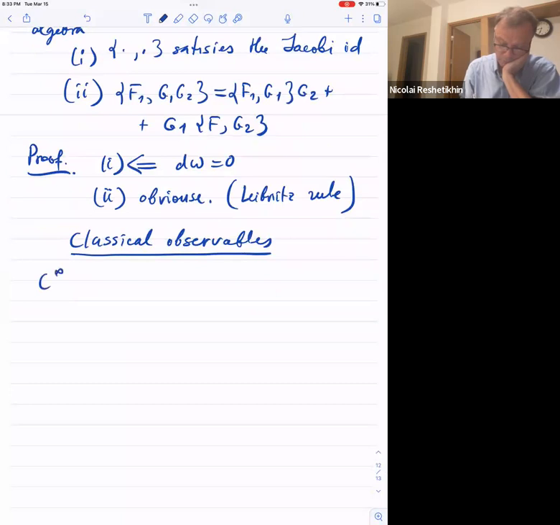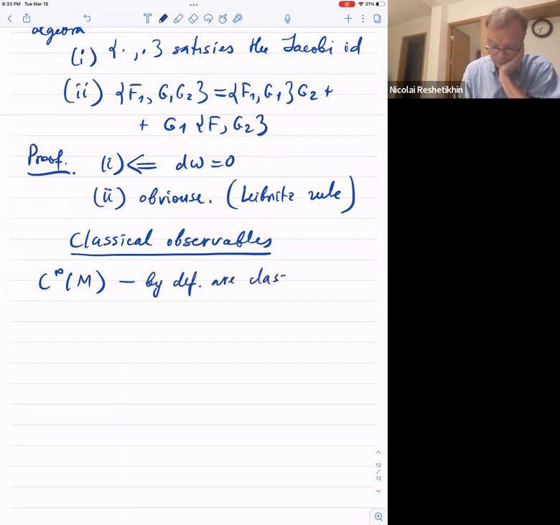Functions on the phase space are by definition classical observables. There is nothing else to say. But you see, one can introduce a natural notion of evolution on classical observables.